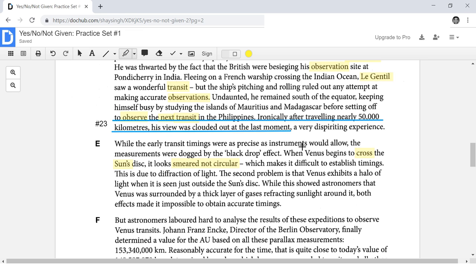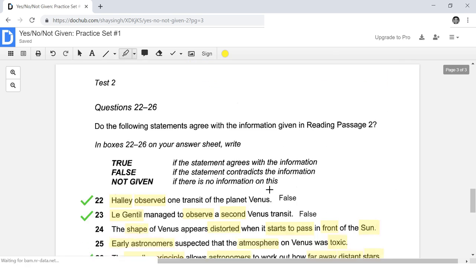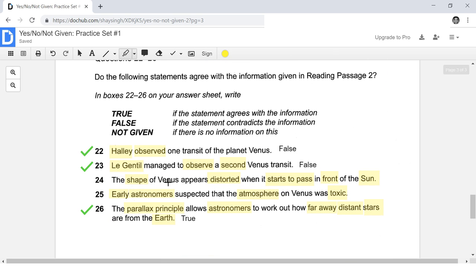Normally, we would not look for this keyword since the whole article is about Venus. But right here, this keyword is important. It's important because we have found other keywords. So just to make sure that all the information is correct, that all the information agrees with each other, we have to now pay attention to this keyword as well. Because in the question it says, the shape of Venus appears distorted. When does it appear distorted?